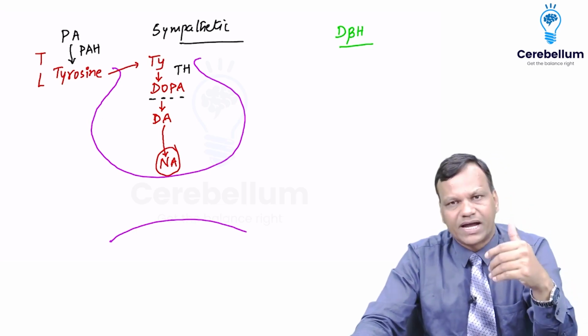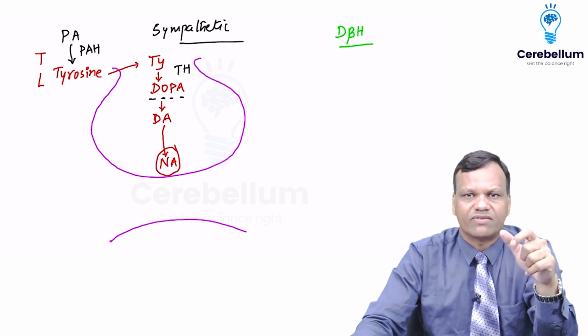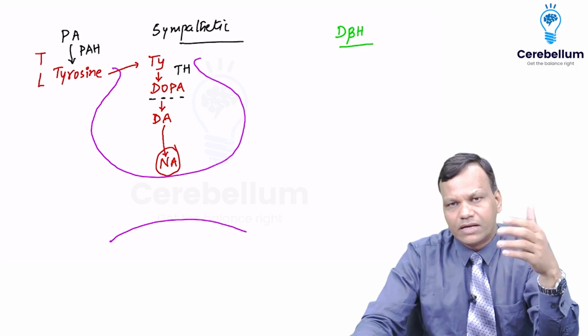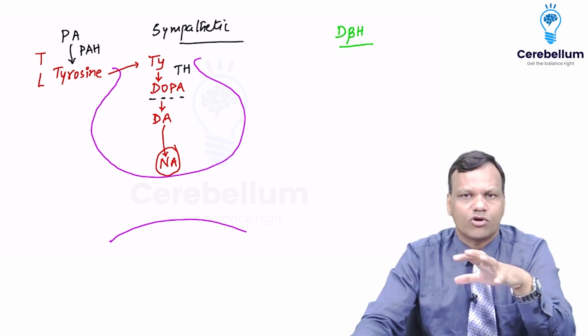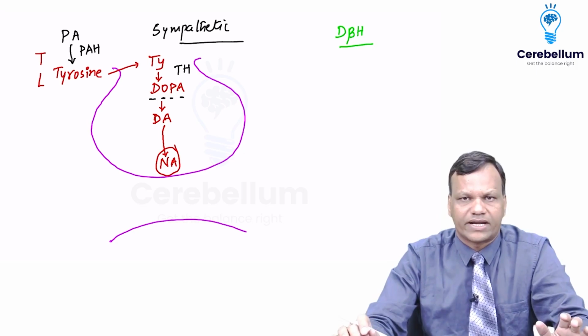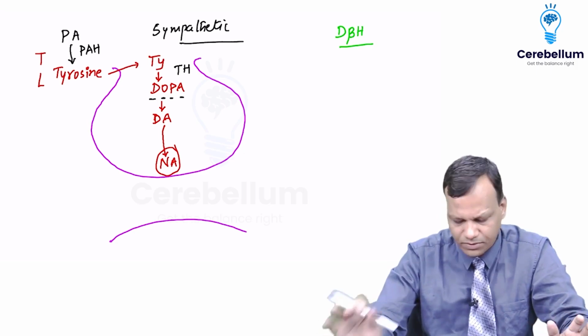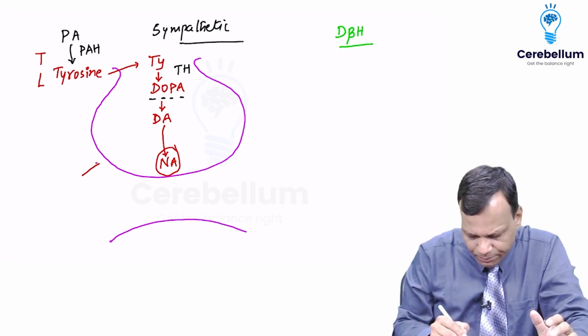If dopamine beta hydroxylase is present, the end product will be noradrenaline. If that is not present, it will be dopamine. And if the methyltransferase enzyme is also present, then the end product will be adrenaline. So different neurons may have different end products. In the sympathetic system, the end product is noradrenaline at most places. Okay, so noradrenaline is produced and stored, released whenever a nerve impulse comes.